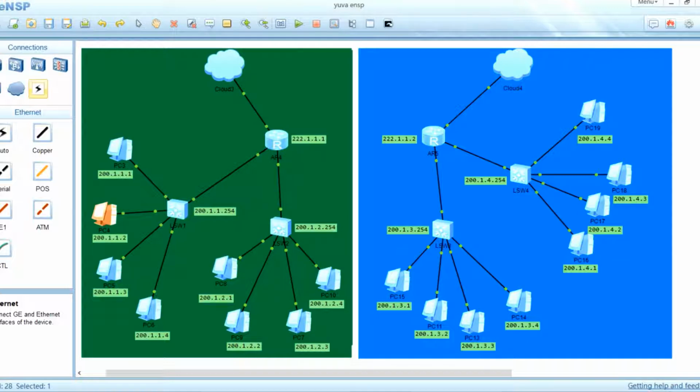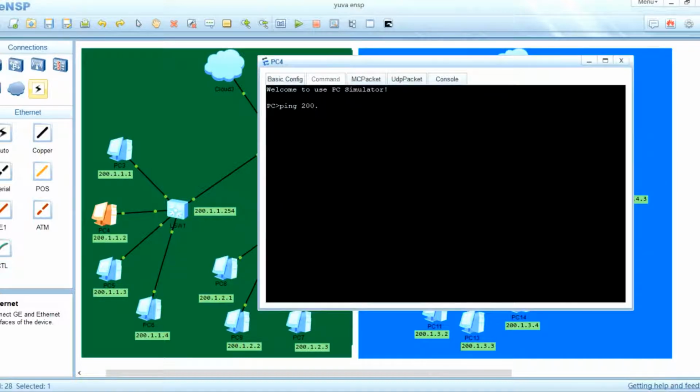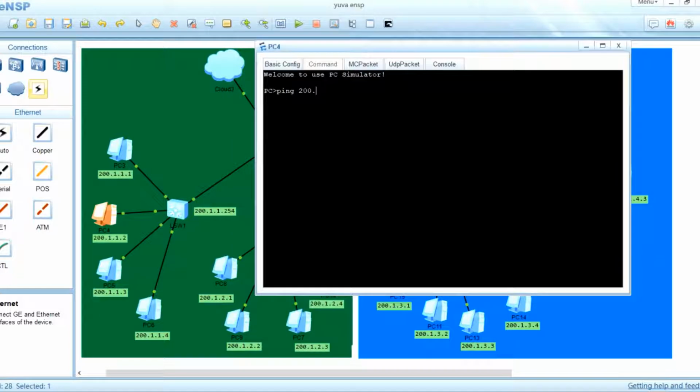Now, I would like to demonstrate an example of ping on PC4 with the IP address of 201.12. Let's begin. First of all, we have to go to the command prompt. We type ping and the IP address of the computer that we want to ping, and press enter.